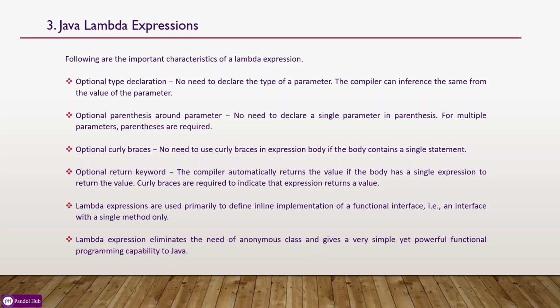Okay. So Lambda expression eliminates the need of anonymous class and gives you a very simple yet powerful functional programming capability to Java. In order to provide the implementation for the abstract methods of an interface, how can you give it? You can't provide the implementation directly in an interface. You have to give that in the class which implements that interface.